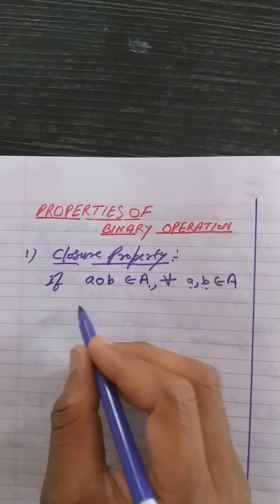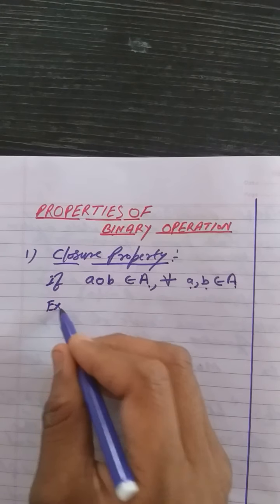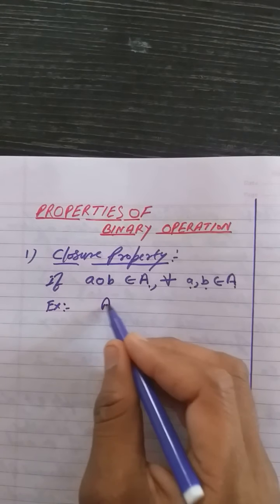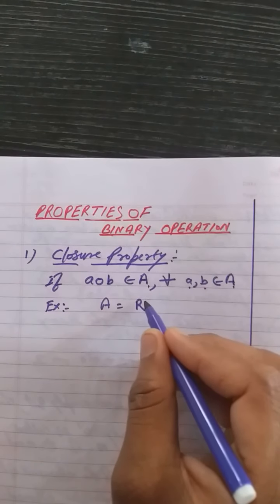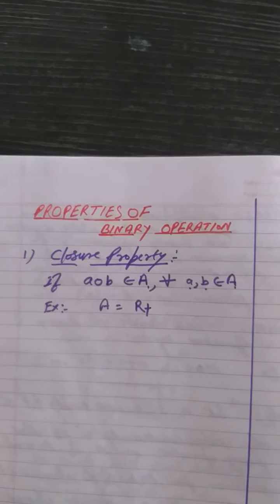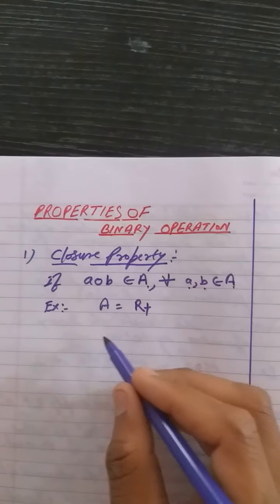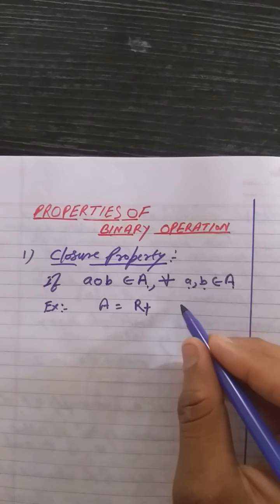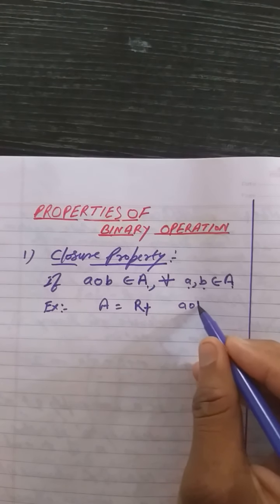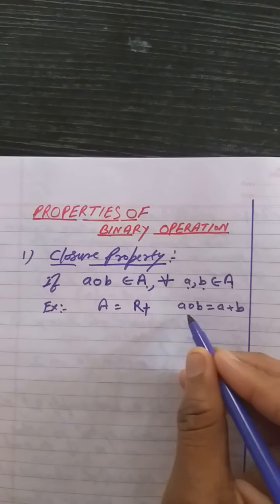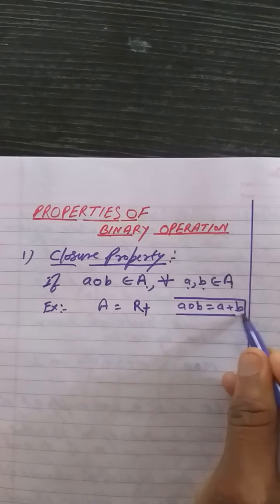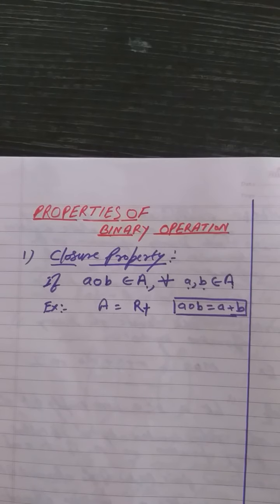Let us suppose set A is a set of real numbers. Example, let A equal the set of positive real numbers, and the definition of a O b is defined by a plus b. This is the definition of the binary operation.